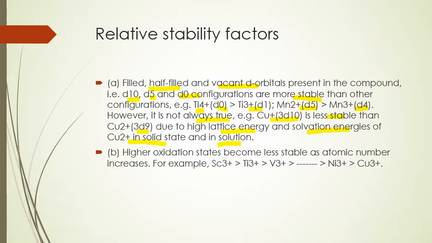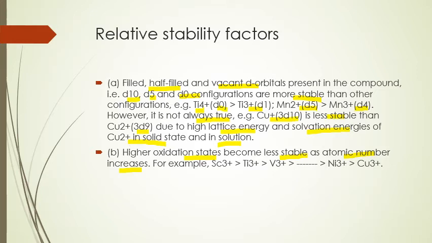So the others are the lattice energy and the solvation energy. Higher oxidation states become less stable as the atomic number increases. So if the atomic number goes on increasing, the higher oxidation state becomes less stable.